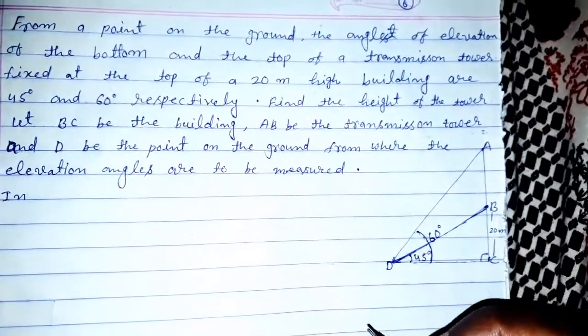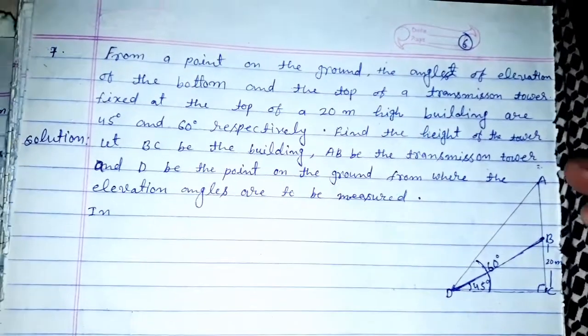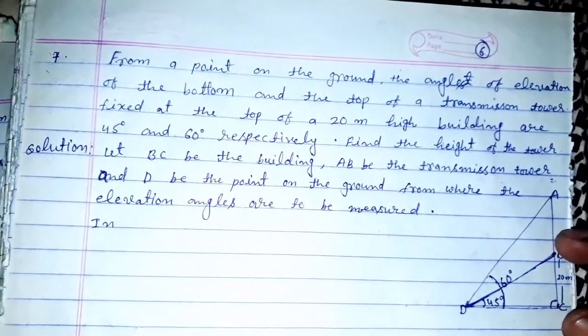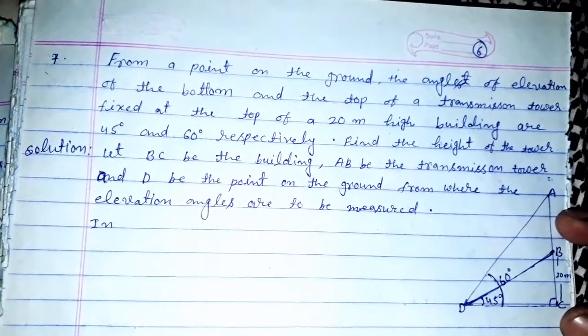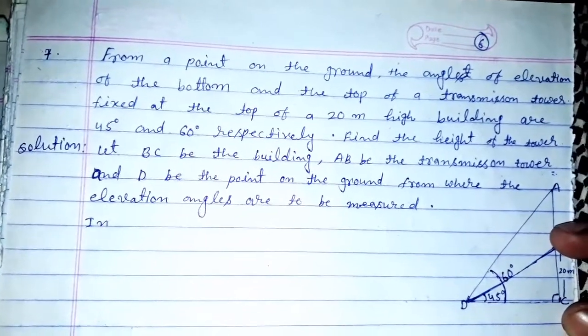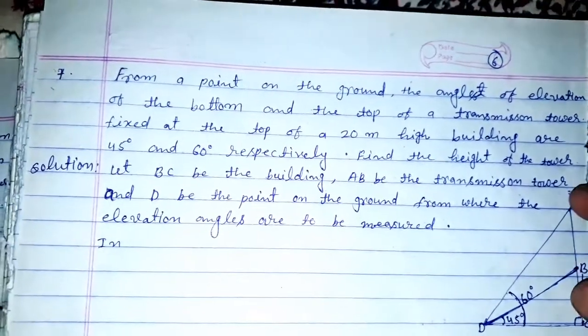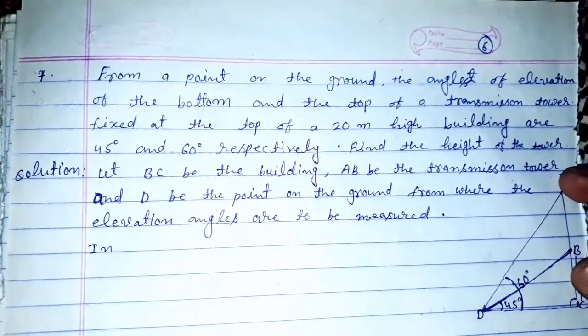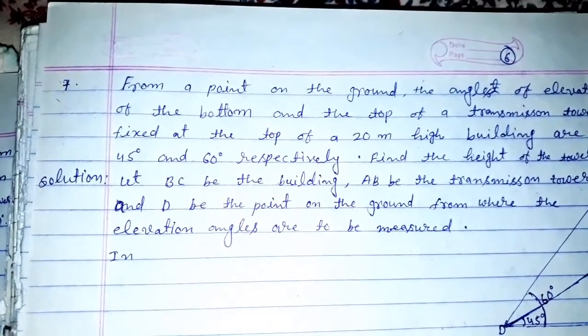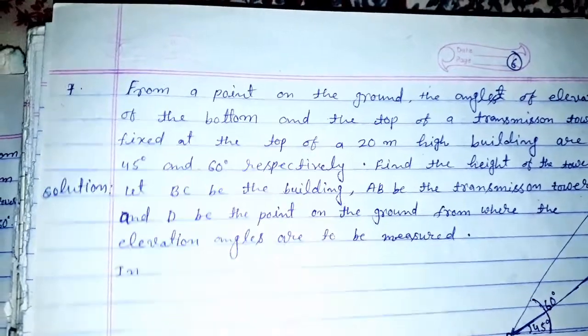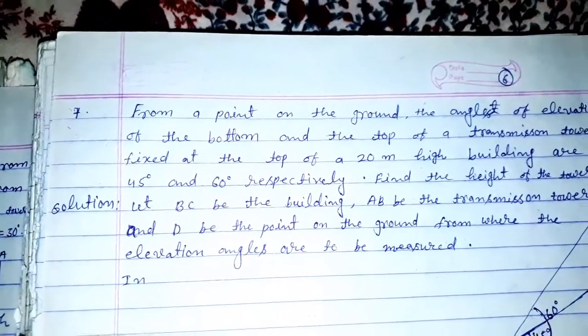So here, draw: BC is the building and AB is the transmission tower. This is the bottom of the transmission tower and this is the top.